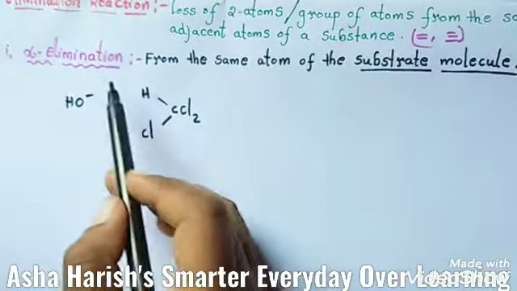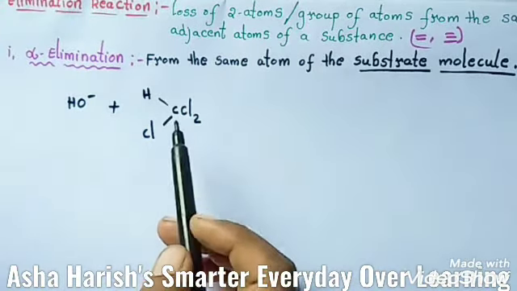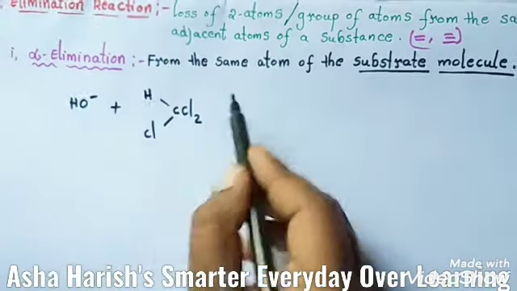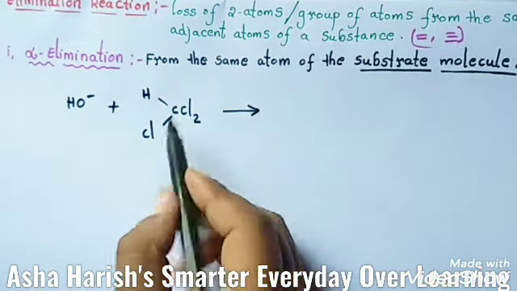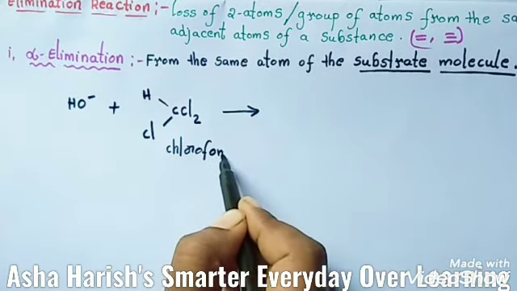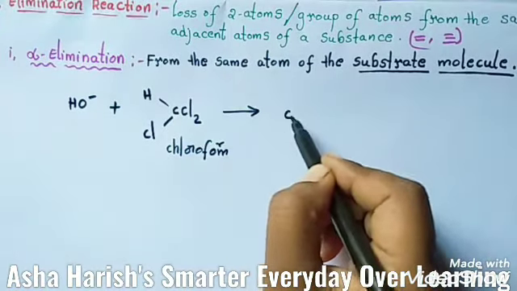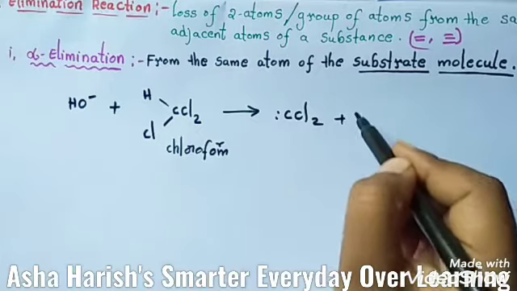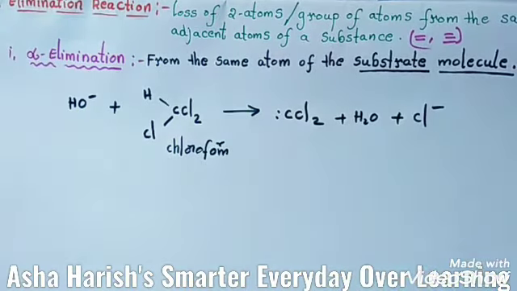Base catalyzed dehydrohalogenation of chloroform to form dichlorocarbene. Let's see now. Here is the OH minus ion. To this, if you add chloroform, here is the chloroform, and the formed products are CCl2 with a lone pair of electrons, H2O and Cl minus.